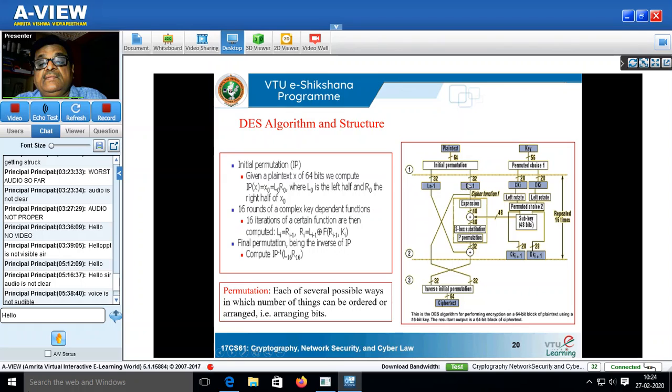Now after that, we start converting the right one, where the left part is not changed at all. The encryption of the right 32-bit part is what we are going to carry out.